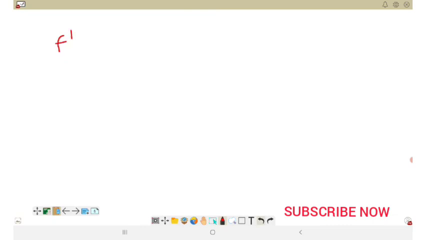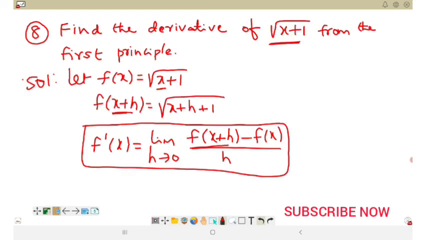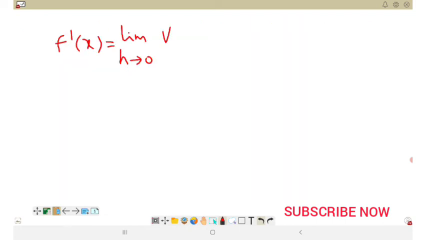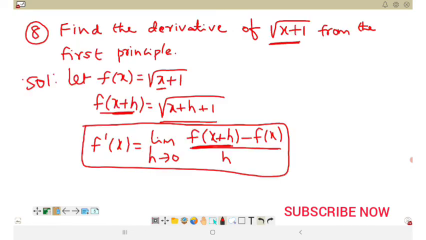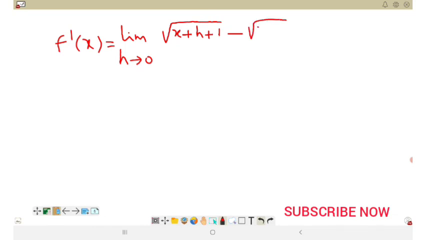f dash of x is equal to limit h tends to 0, f of x plus h is equal to root x plus h plus 1. Substitute f of x plus h equal to root x plus h plus 1 minus f of x equal to root x plus 1, by h.